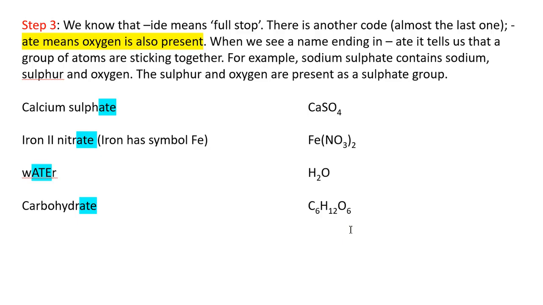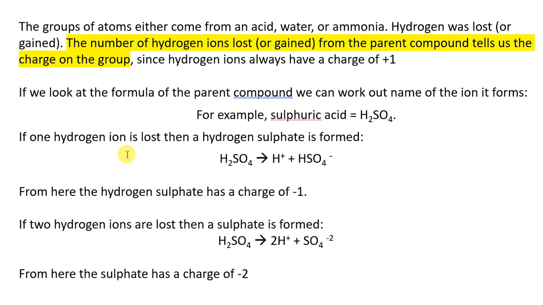Now, what we're not looking at here is working out the actual formula of compounds just yet. We're looking at just identifying what elements are present there. If I know that I contain different ions, in the first example, calcium and sulfate, then all I've got to do is to realize that these must always balance.